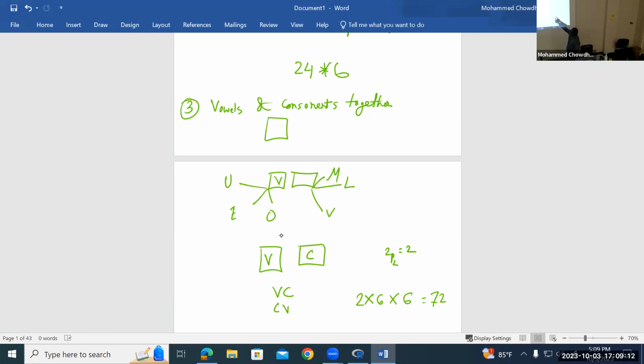Vowels and consonants together means all vowels together in the first position, or all vowels together in the second position, or all consonants together in the first position, or all consonants together in the second position. So that could be done VC or CV. But all the vowels can be arranged in 6 ways, and all the consonants can be arranged among themselves in 6 ways. Right?